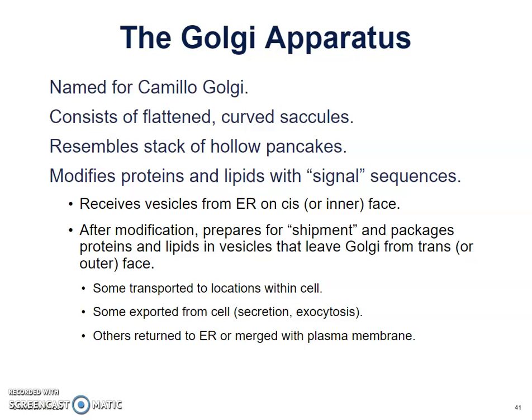Some of those vesicles are transported within the cell, and some of them are secreted from the cell in a process called exocytosis. Sometimes those vesicles return to the ER, or sometimes they just merge with the plasma membrane. Depends on what is in the vesicle.